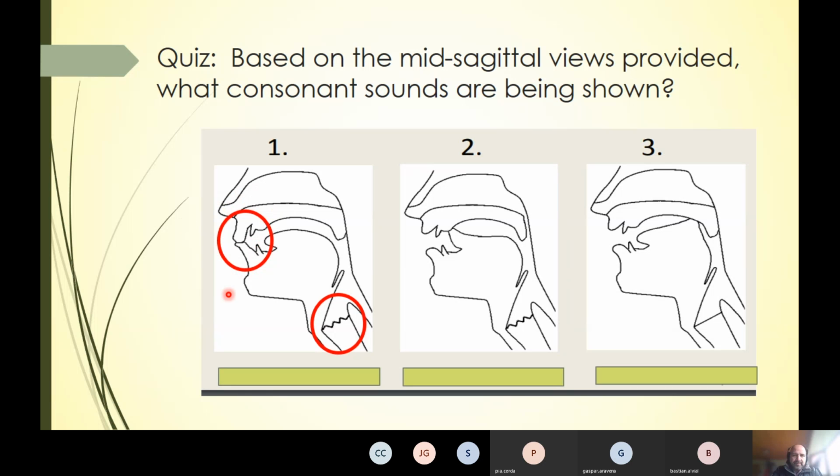What do you think? Is it voiceless or voiced? What's your perception? Voiced, okay, good. In terms of manner of articulation, is it fricative, plosive, or stop, affricate, liquid?